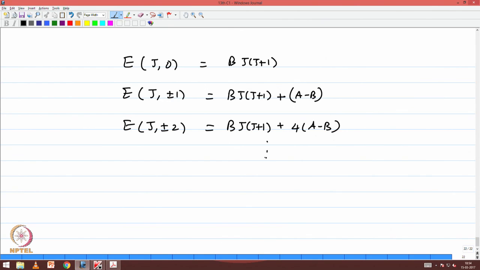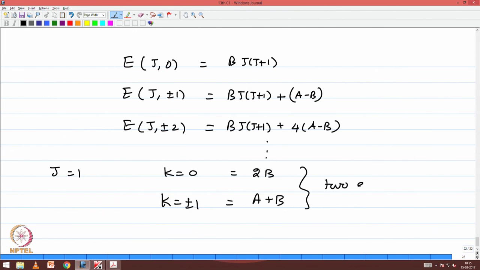If you take, say, j is equal to 1, you have got two energy levels. k is equal to 0 corresponding to j is equal to 1 is b j into j plus 1, this gives you 2b, and if k is equal to plus minus 1, the energy is 2b plus a minus b, it is a plus b.